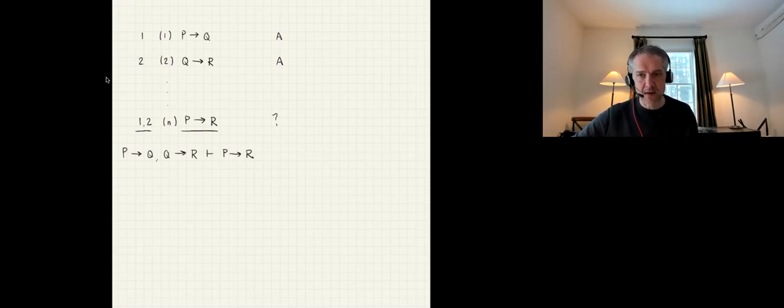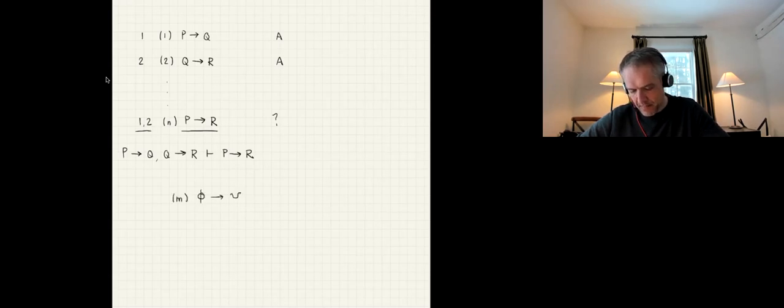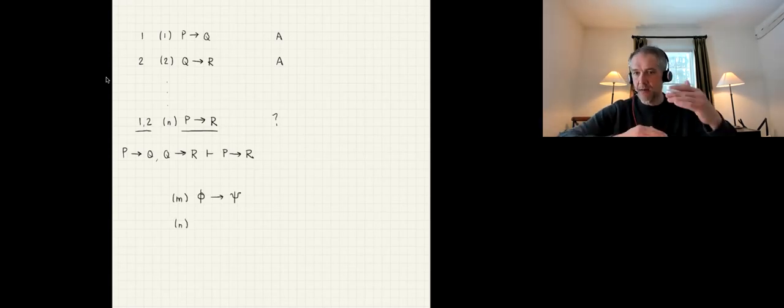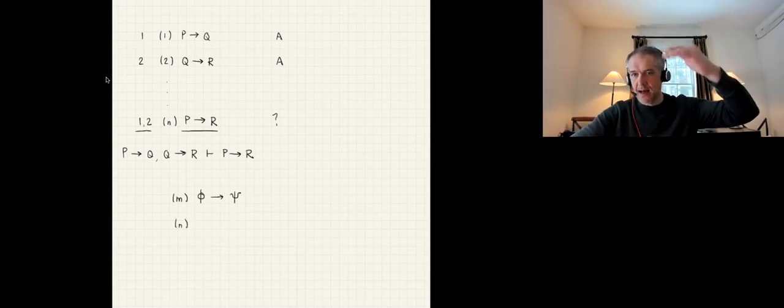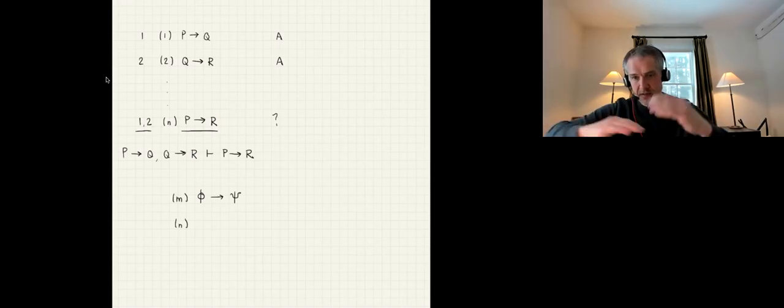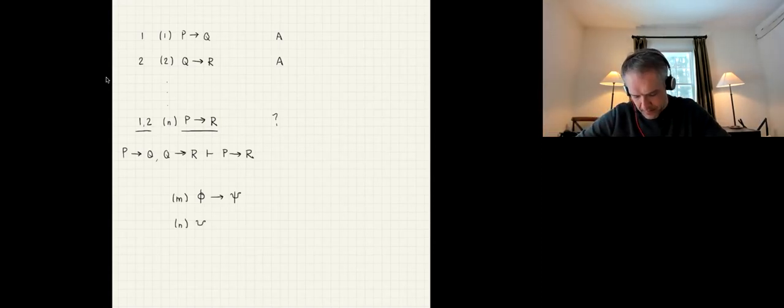How would that general pattern look in a proof? It would look like this: if you had on some line, I'll just write line M, phi arrow psi, and on line N, it might not be right below M, it may be much further down, it may even be above, who knows, somewhere else, psi arrow theta. Okay, so there's 3 sentences here.